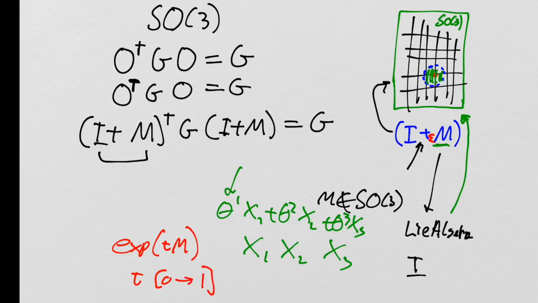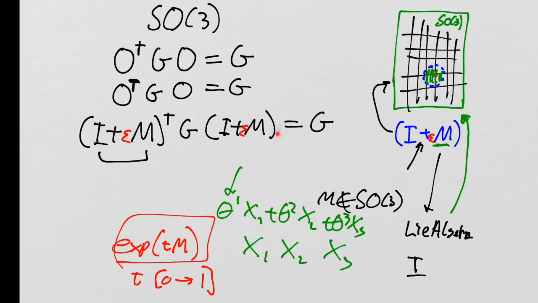And now you're dealing with a one-dimensional collection of matrices in SO3. Many books do it with the epsilon approach. So why don't we just, for generality, put this little epsilon in here and say that the matrix M could be any element of the Lie algebra, but epsilon has to be infinitesimal, right?